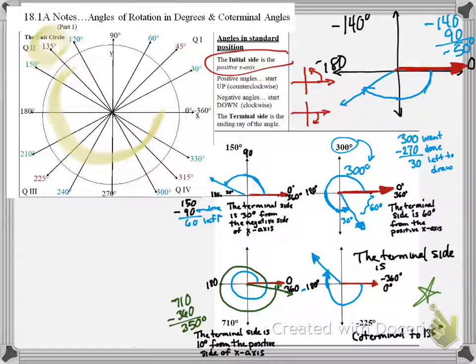It was in the half right there, so it's 45 degrees from the negative x-axis. I didn't have to write these words, but I am asking that you write me a number that tells me how far away from the axis it is. When I'm talking about that concept coterminal, it was good to come back to this and say, this is in the exact same place as 135 degrees, which means it's coterminal to 135 degrees.